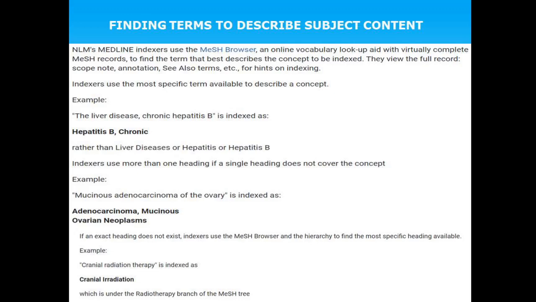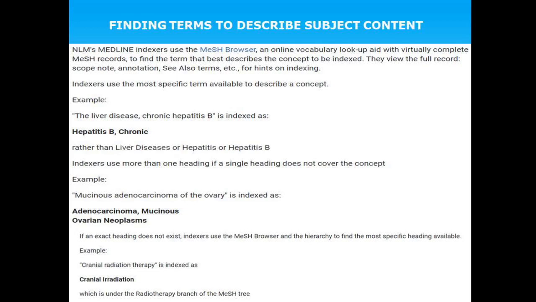And in another case, if the exact heading does not exist, indexers use the MeSH browser and the hierarchy to find the most specific heading available. In certain cases, you will not find the exact heading in the MeSH vocabulary. In that case, you might find the most specific heading available related to it.